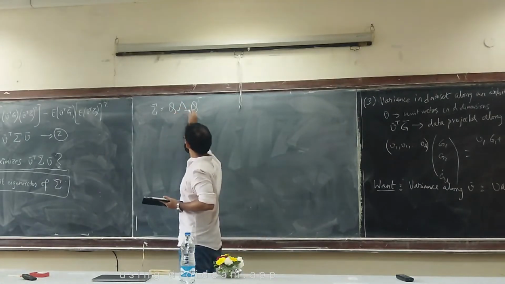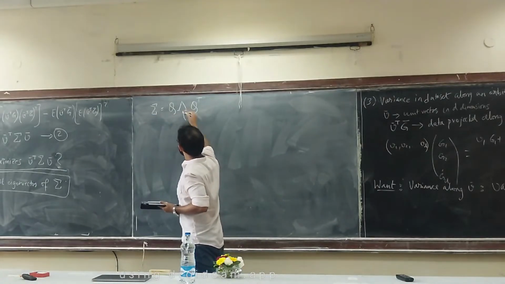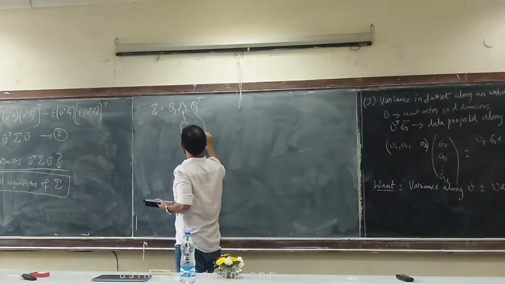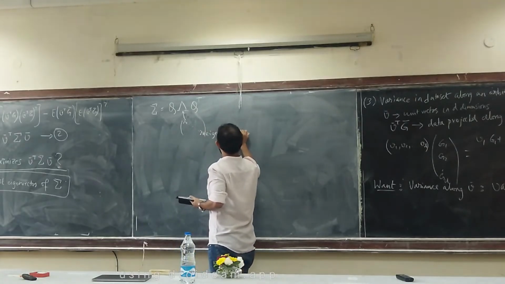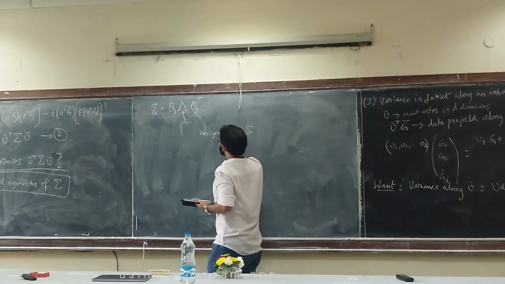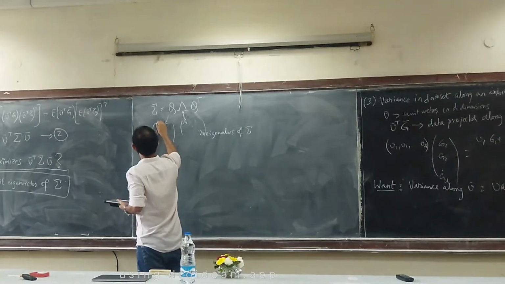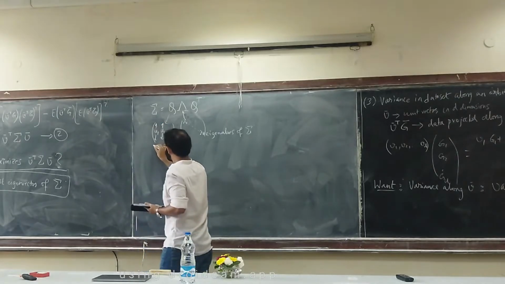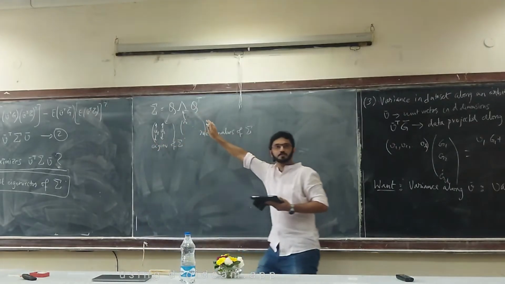This diagonal matrix will have the eigenvalues of sigma on the diagonal, and Q is a matrix whose columns are eigenvectors of sigma. You should be familiar with this.